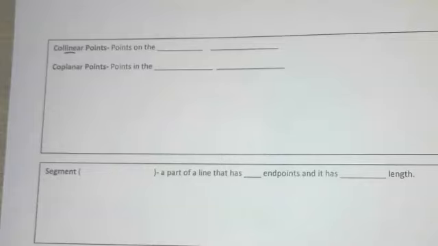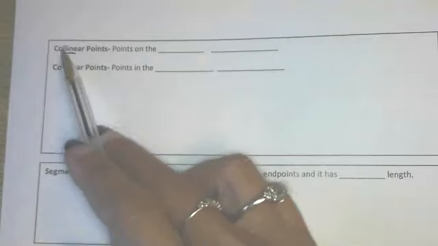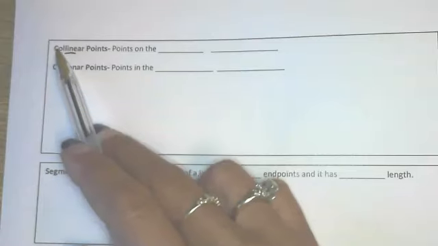Together, like co-workers. My co-workers are my fellow teachers here. We work together at this high school. So collinear, together, line and points. Can you come up with that one without me telling you? Points on the same line. So points on the same line are considered collinear.